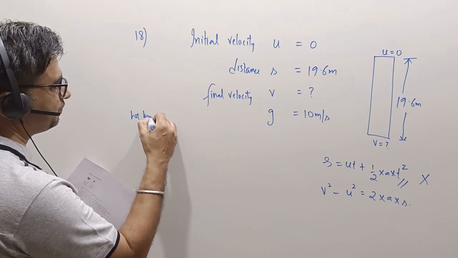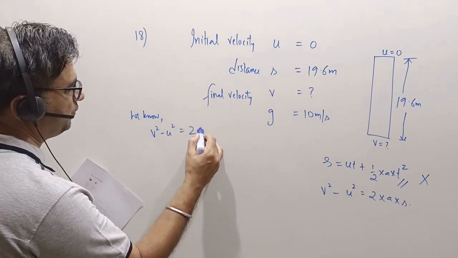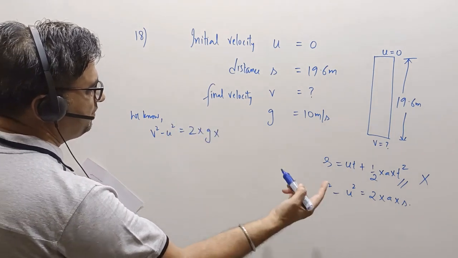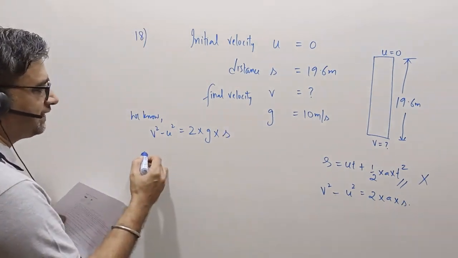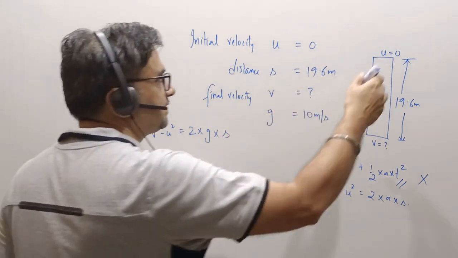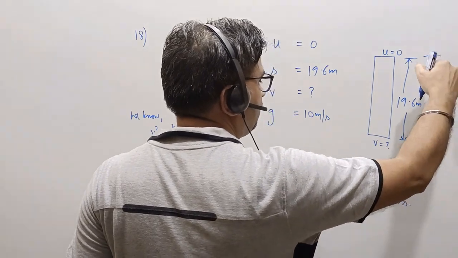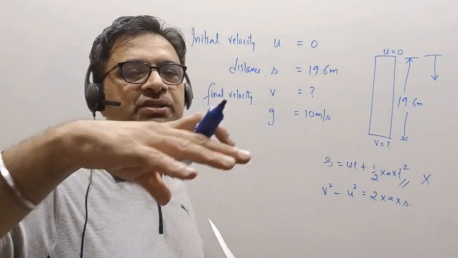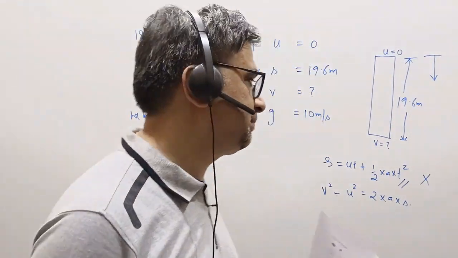So we know v square minus u square is equal to 2 into g here. G, because the acceleration is acceleration due to gravity. And the fact that this is dropped, this is the direction of motion. So the direction of motion is in the direction of the acceleration due to gravity. So g in this case will be plus 10.